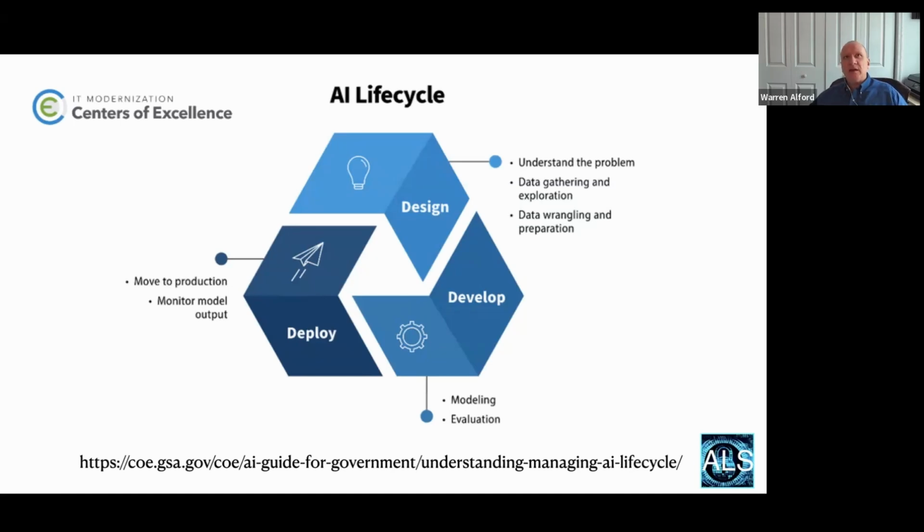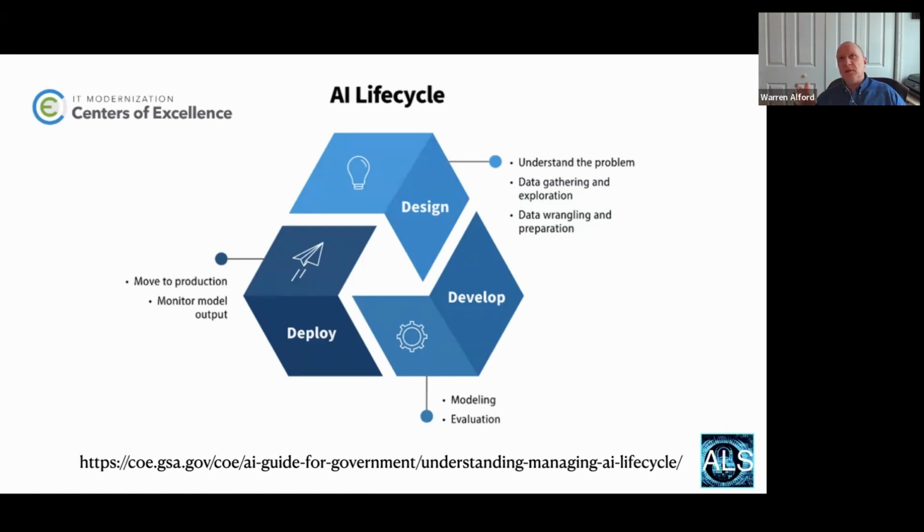This is an AI life cycle. This comes from the IT Modernization Centers of Excellence, and it can be found on GSA's website. But what this does is this takes an abbreviated PDCA life cycle, so the plan, do, check, and act.